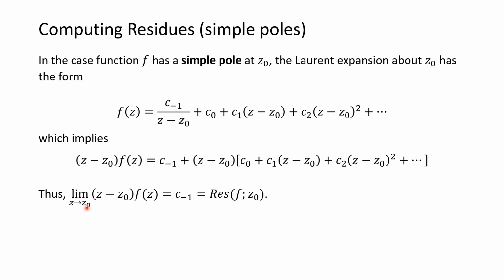Then we take the limit as z approaches z sub 0 on both sides. And on the right, we see that all of these terms go to 0. And so we're just left with the c sub minus 1, which is the residue. And so we can compute the residue of a simple pole just by taking the limit as z approaches z sub 0 of z minus the singularity times the function.